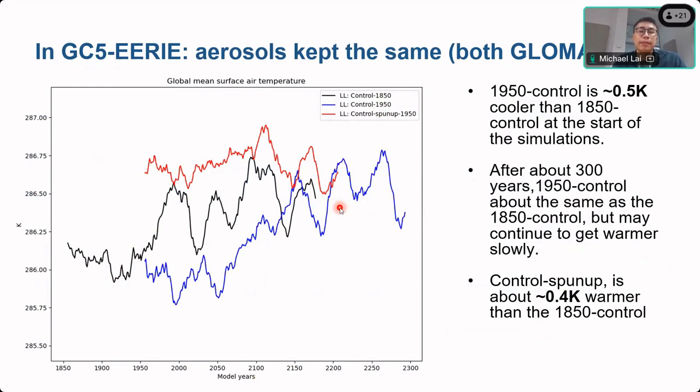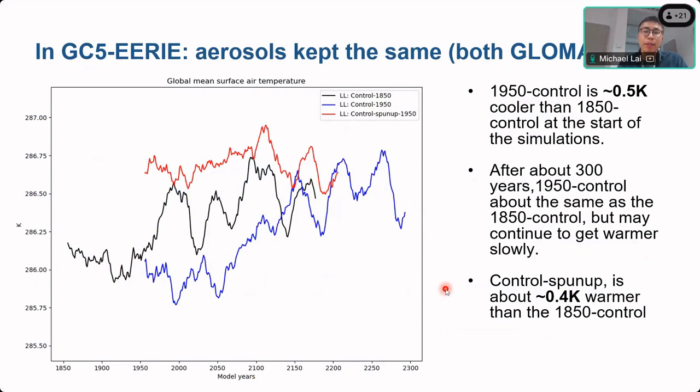Accounting for aerosol, the next thing we're going to look at is to quantify the effect of the spin-up and the forcing, which is what we originally set out to do until we found out that the aerosol was really important. So we're running some new simulations with the GC5 EERIE model to quantify the effect of spin-up length and the difference in forcings.